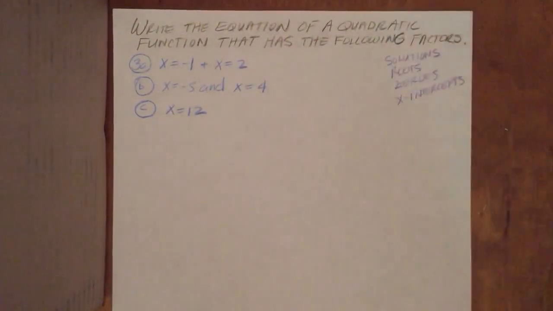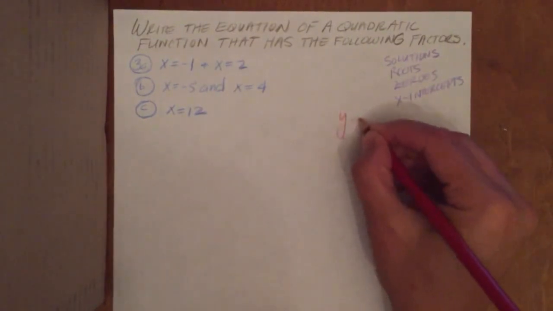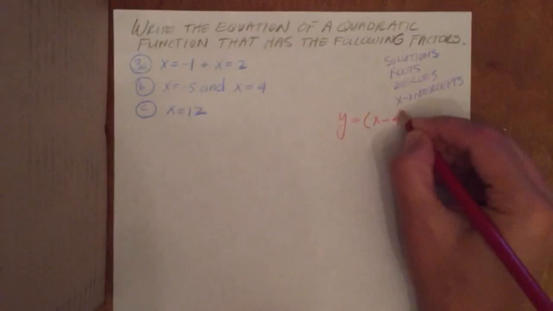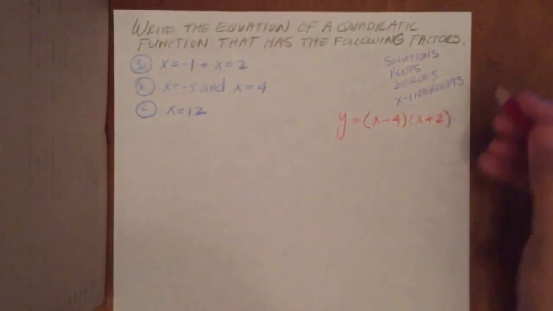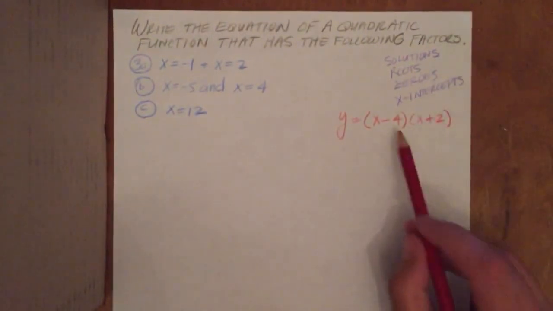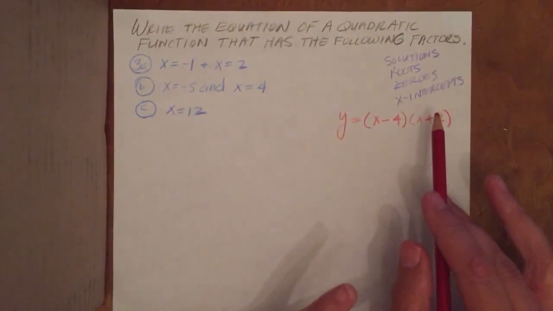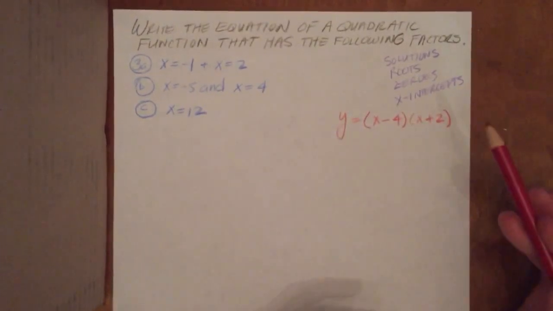So when you see a quadratic equation, if you'll remember, if I give you a generic quadratic equation, let's say y equals (x minus 4)(x plus 2), which is intercept form, and I ask what are the solutions? Well, remember, the solutions are the x-intercepts. What's the value of y at the x-intercept? 0.